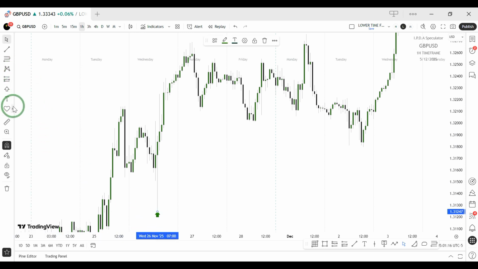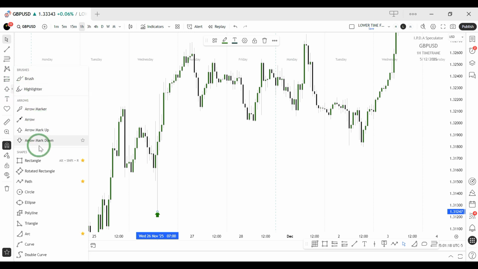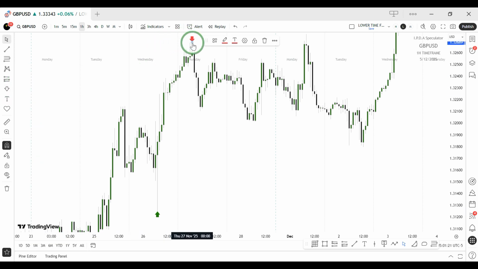Okay, this range is our active trading range at the moment.